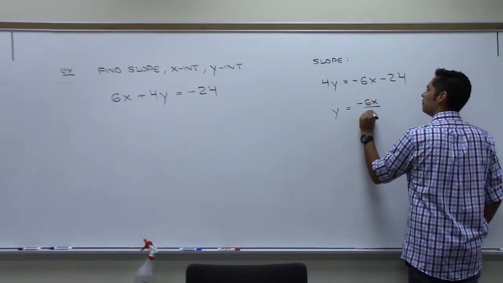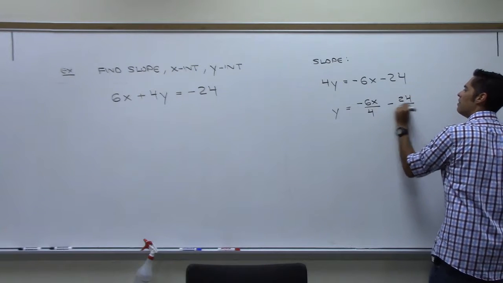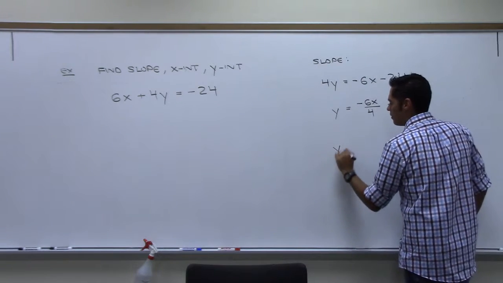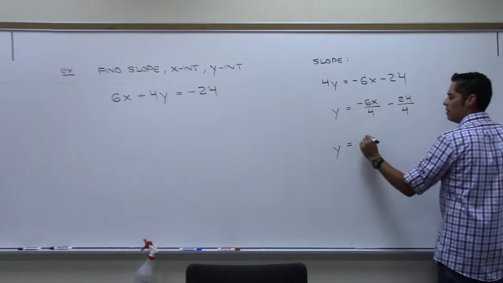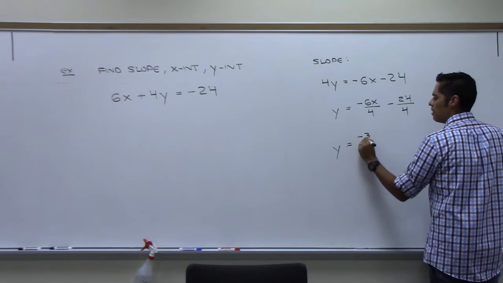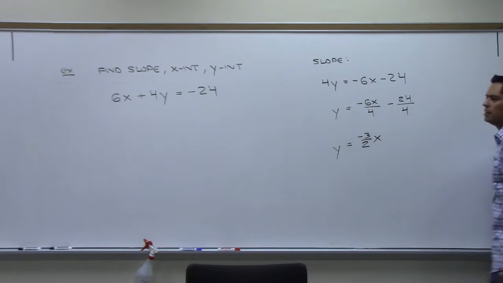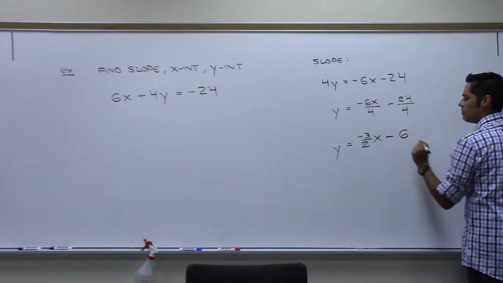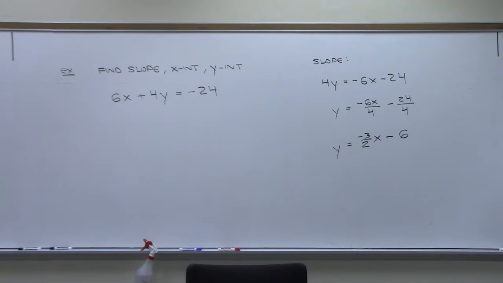Yep. And I'm going to do that same thing where I divide each term by 4. So what number should I have here in front of x? Negative 3 over 2, x. So I reduce the fraction. And then over here, minus 6. And that's enough for you to be able to tell me what the slope is, right?